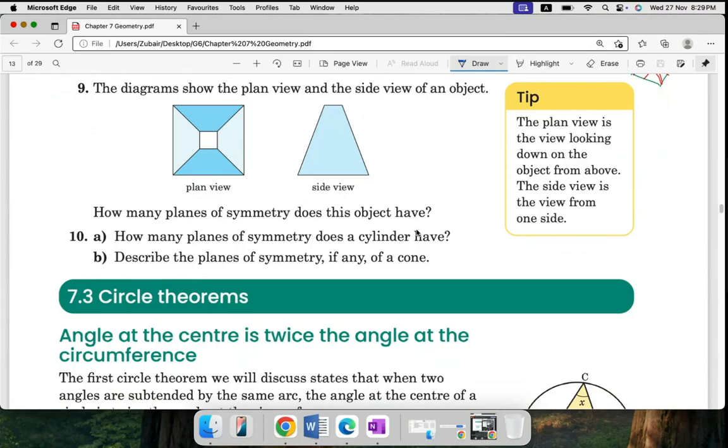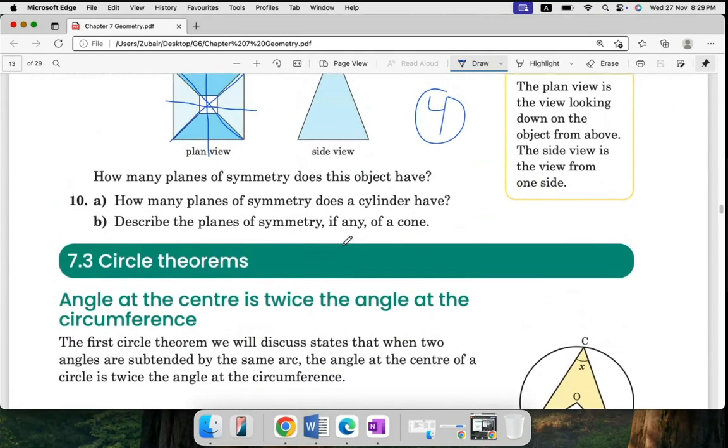Okay, so 4. That's correct. It has 4 planes of symmetry: 1, 2, 3, and 4 throughout, up and down.